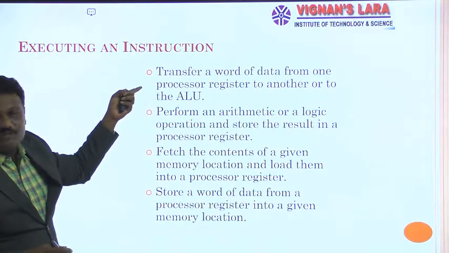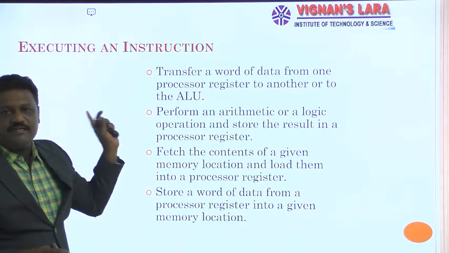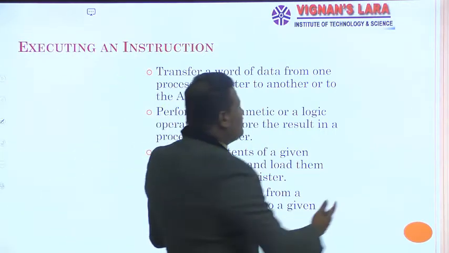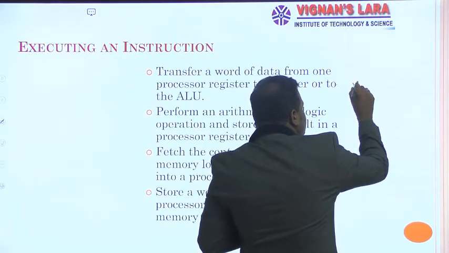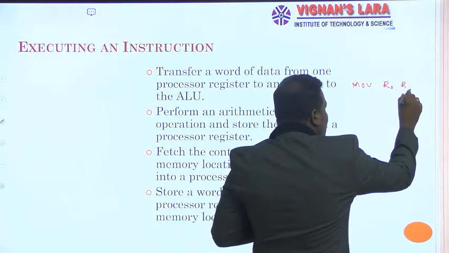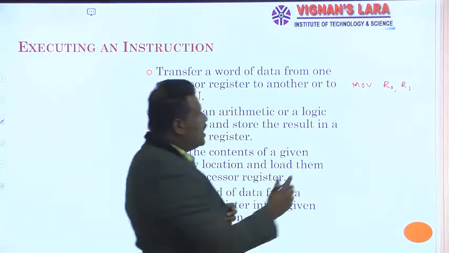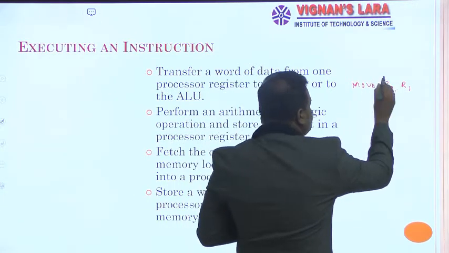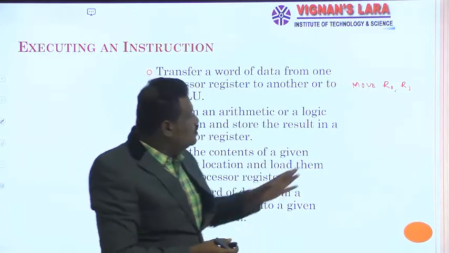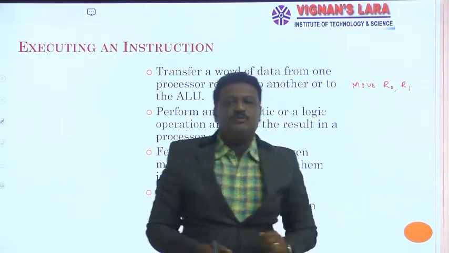For example, the first one is transfer of a word from one processor register to another processor register. Assume the instruction is move R0, R1. What is the meaning of this? Move the content of my CPU register R0 to another CPU register R1.